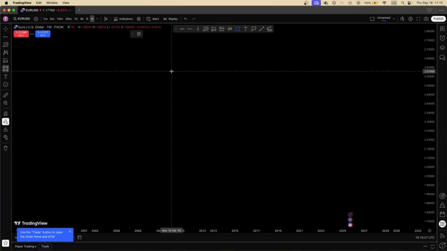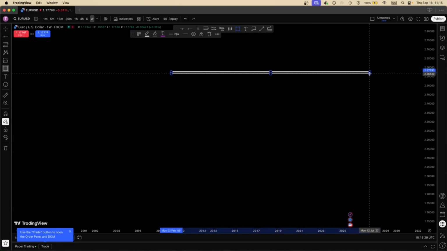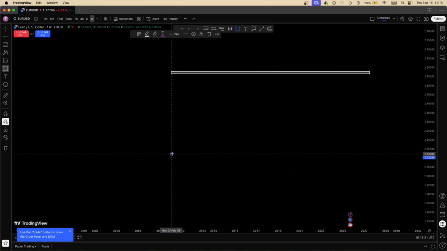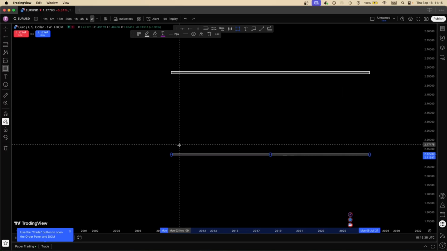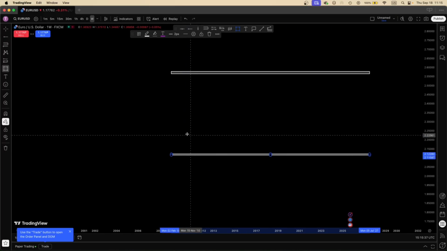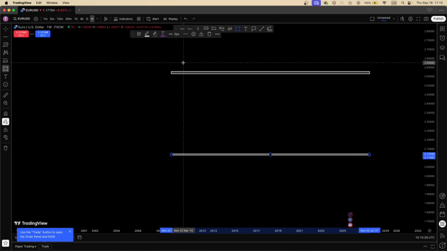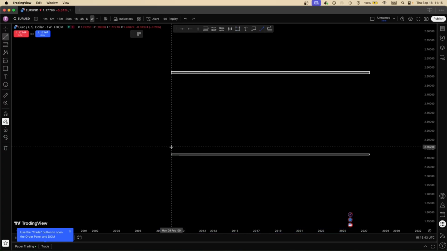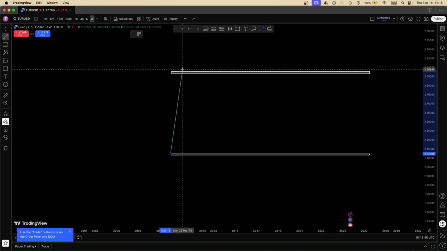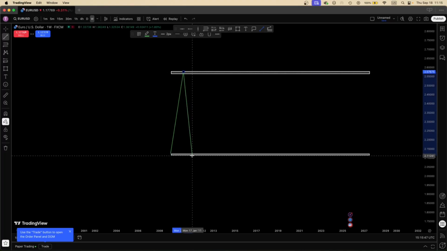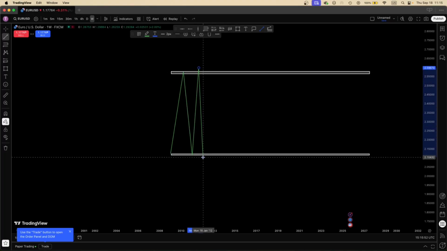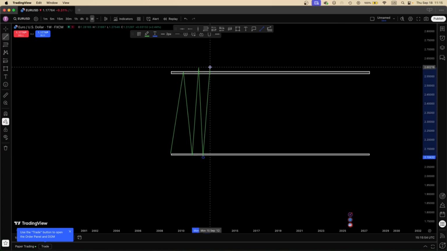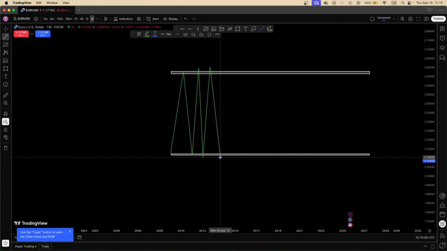Think of it like this. When you're standing, what is below you is the floor and what is above you is the ceiling. When price is going up and down, it tends to bounce between these levels, not exactly at a specific line, but we call them zones.